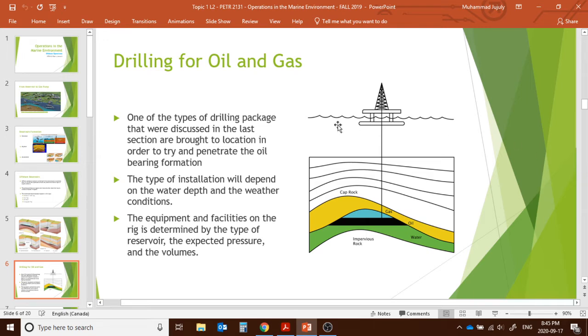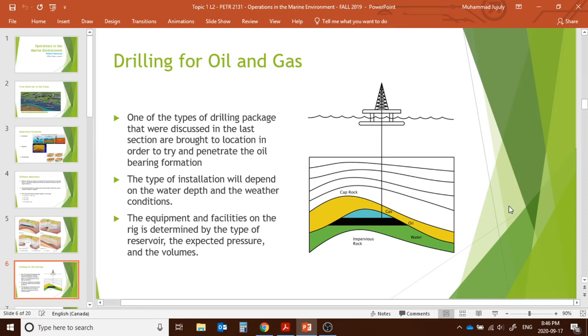So one of the types of drilling package that was discussed last section is brought to the location in order to try to penetrate the oil-bearing formation. For instance, the drill ship. We learned about drill ships last class, so it can drill and get the oil out of the formation.